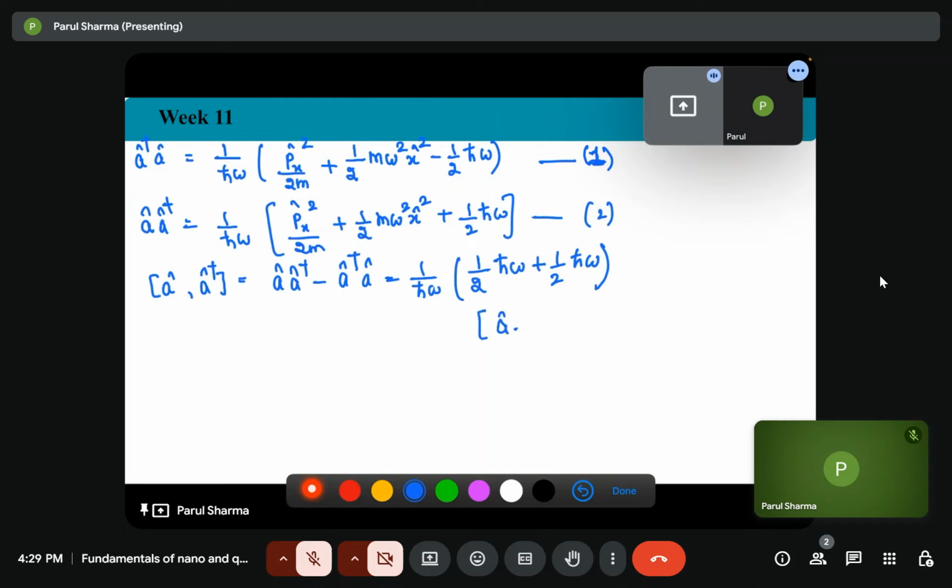Now we found out that a a dagger is 1 plus a dagger a, and also a dagger a is a a dagger minus 1. So these two are important commutation relations.